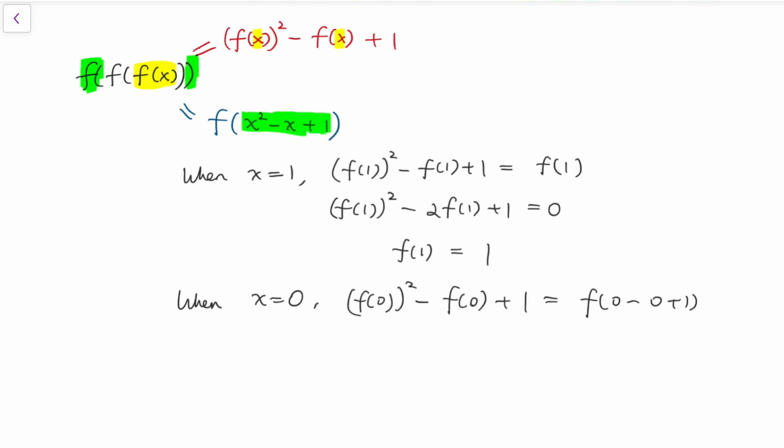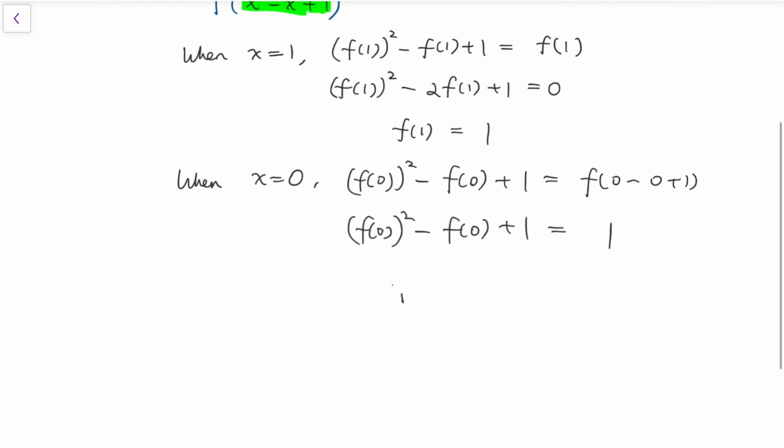Now, the number inside the bracket is equal to 1, so the right side is also equal to 1. And now we have a quadratic equation about f of 0. From this, f of 0 is either 0 or 1.